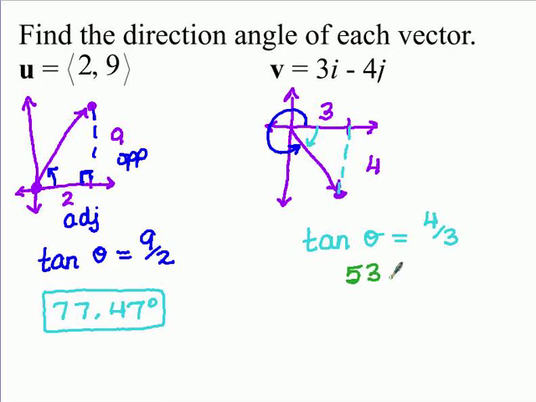In these problems, yes. 53.13. But that 53.13 is the little angle. I don't want the little angle, so what am I going to do? Take 360 minus 53.13. 306.87 degrees. And there you go.